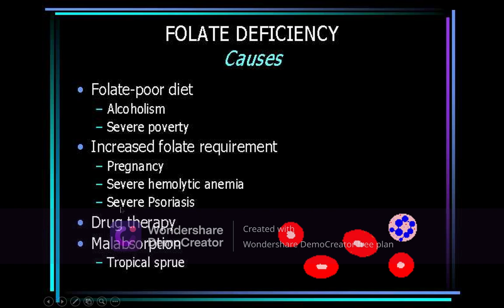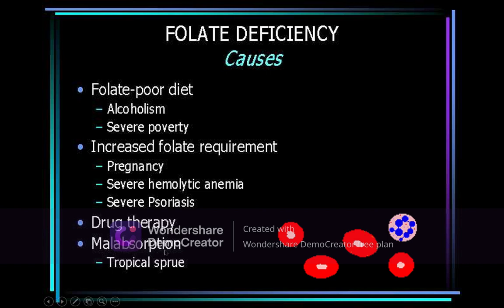Severe exfoliative skin disease, because there is turnover of the tissues from the skin, you need more folate. Increased folate requirement is another cause. Drug therapy, for example, metformin, folic acid antagonists, even the other anti-diabetics can cause the folate deficiencies, and immunosuppressives and NSAIDs. These are the problem creators.